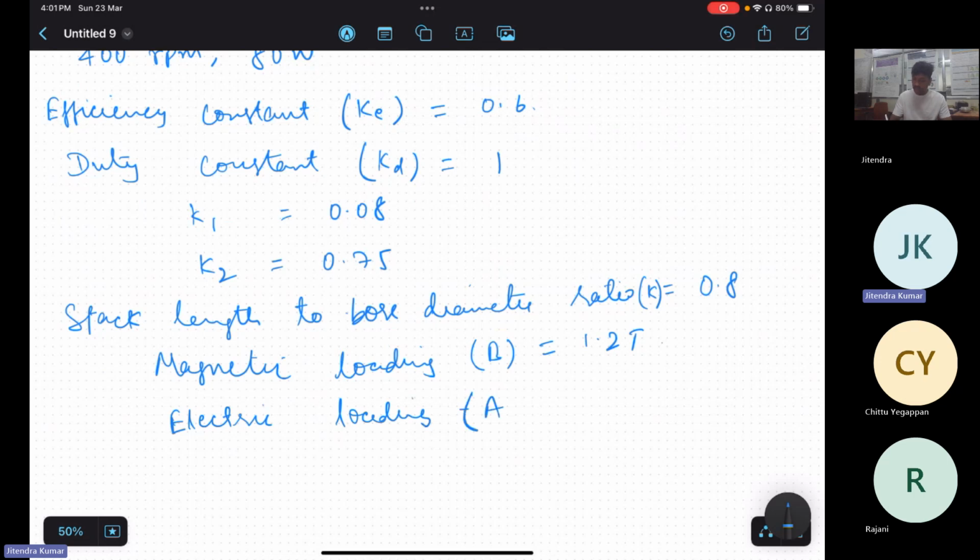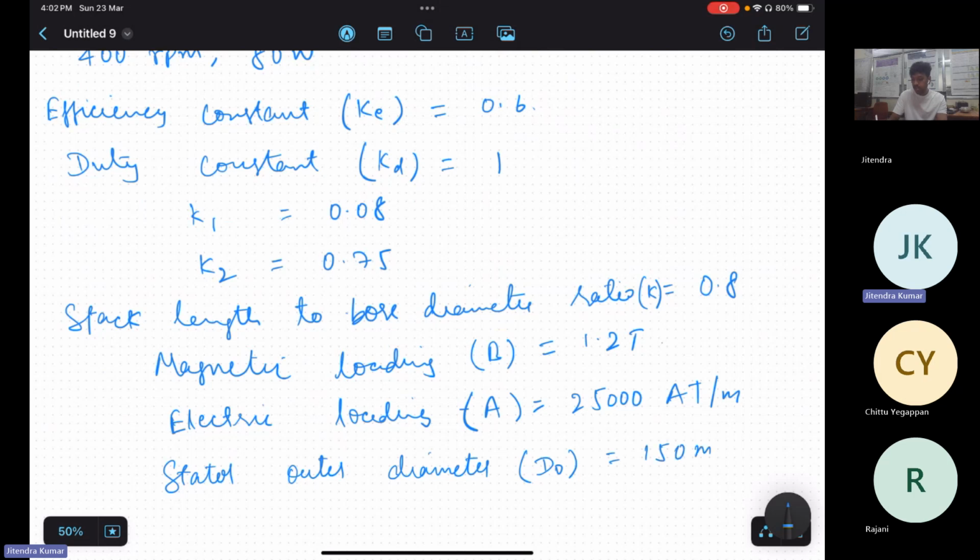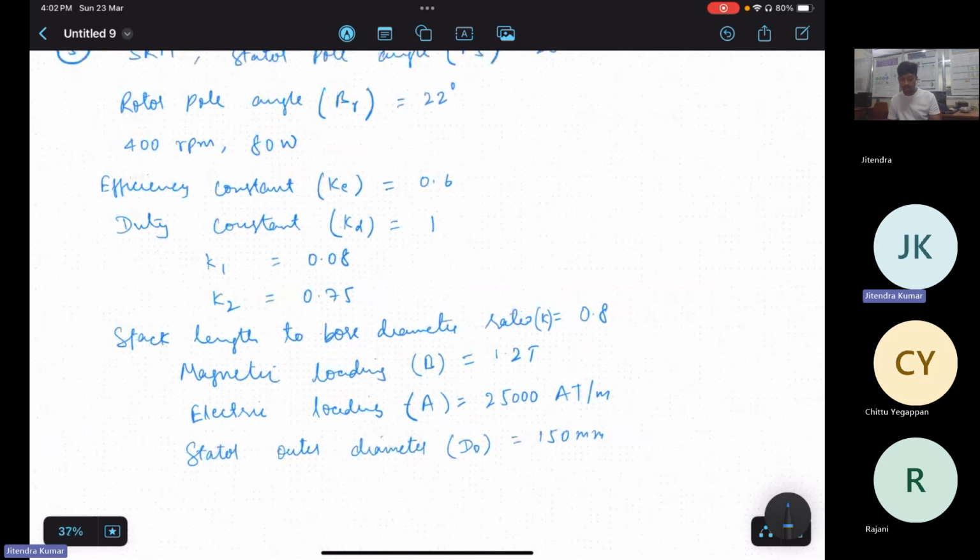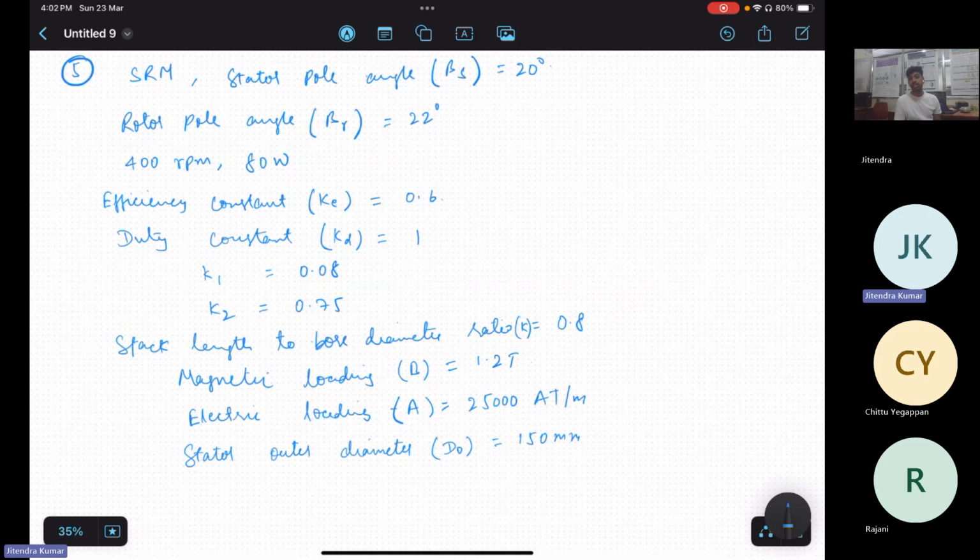Electric loading A is equal to 25,000 ampere turns per meter. A stator outer diameter is 150 mm.